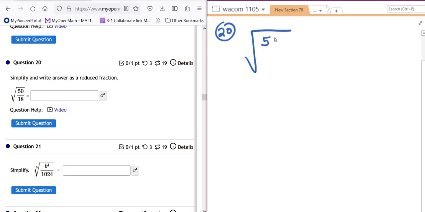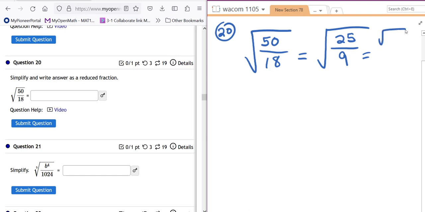So we have square root of 50 over 18. There are some common factors in these right now, and so you should go ahead and divide it before you break it apart and make 2 radicals. I know that there is a 2 in both of those, so I'm going to reduce it with a factor of 2. 2 into 50 goes 25 times, and 2 into 18 goes 9, which is very nice because it actually gives us perfect squares now.